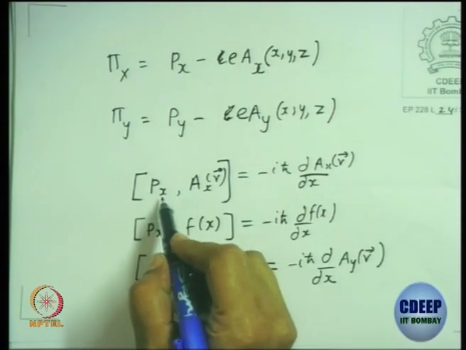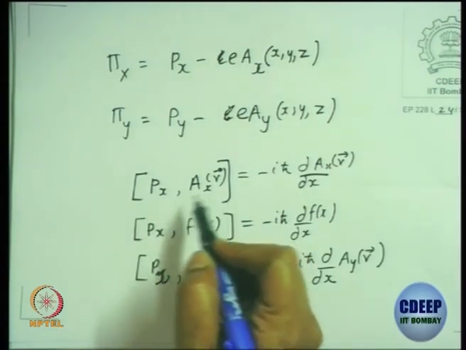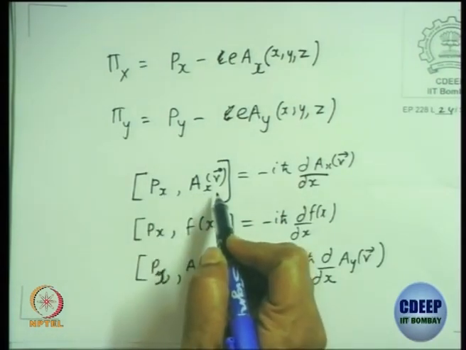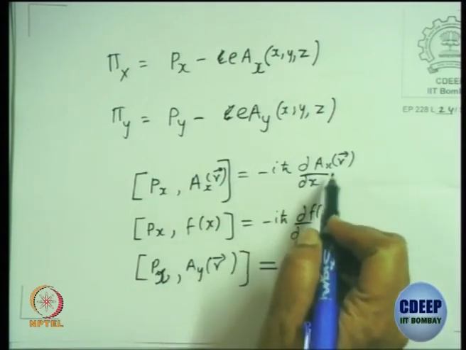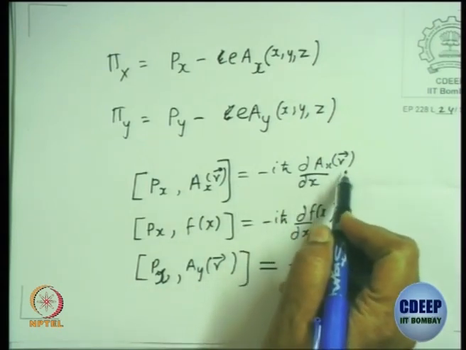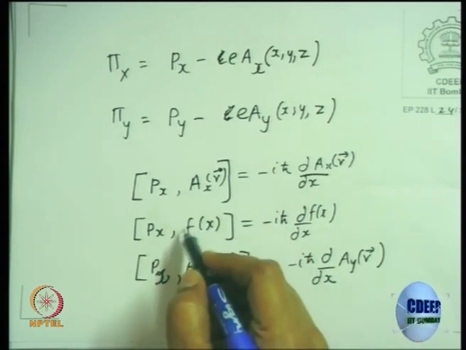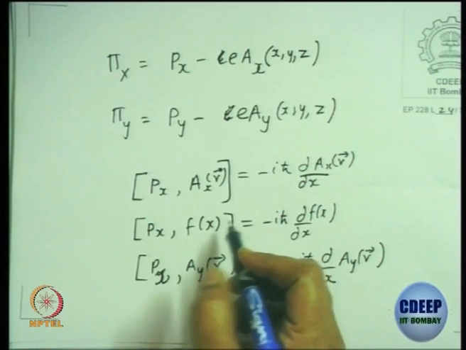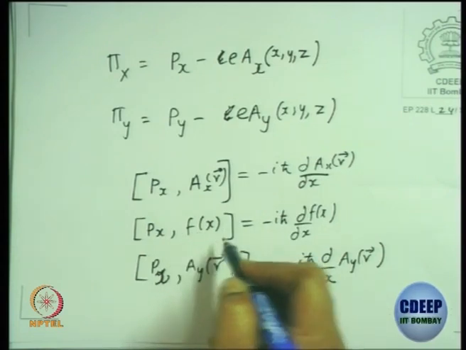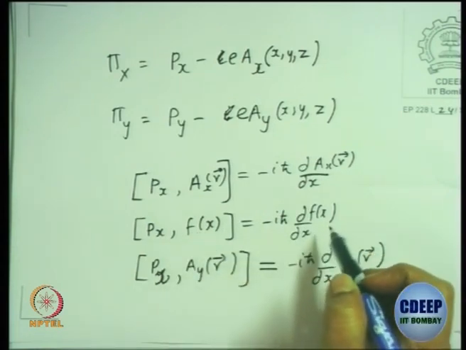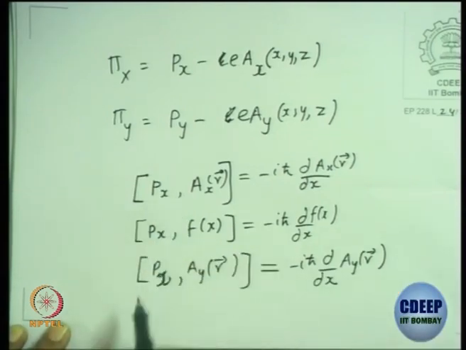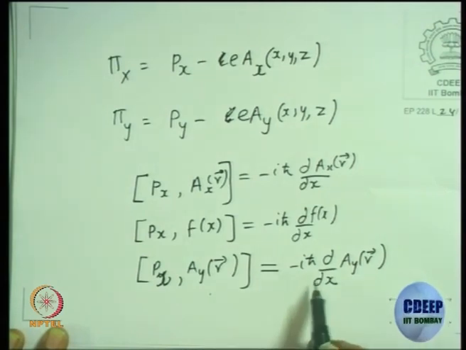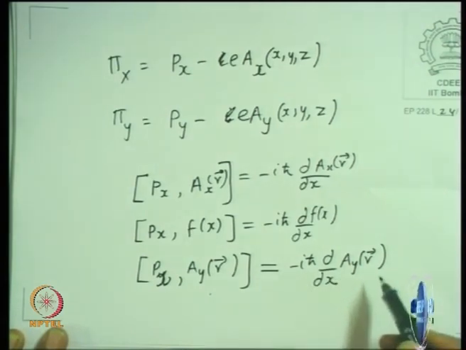So, if you take px with Ax, that commutator is not 0, it will be minus iħ ∂/∂x of Ax. This is because you know the commutator of px with x is non-zero, and if you have any function of x, it should be ∂/∂x of f(x). Similarly, if you try to find the commutator of px with Ay, you expect it to be minus iħ ∂/∂x of Ay.